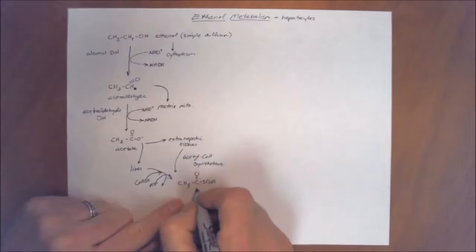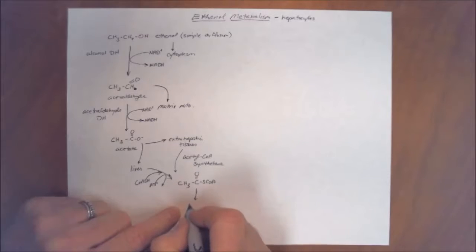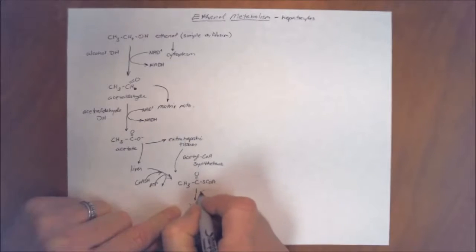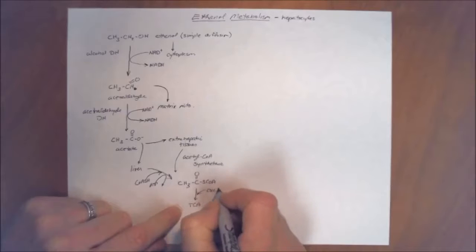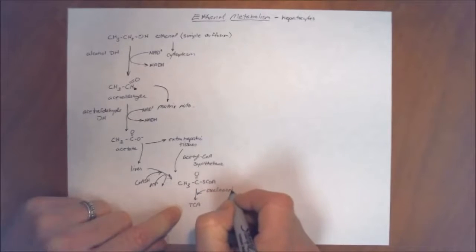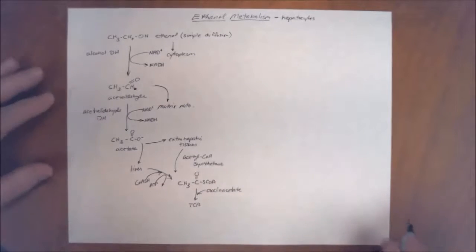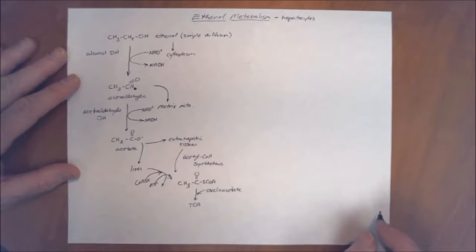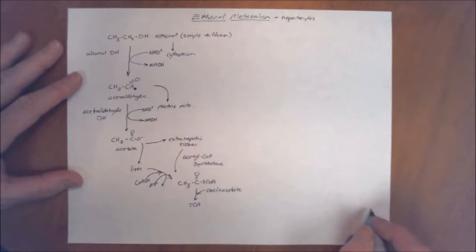The acetyl-CoA, of course, can proceed into the TCA cycle via condensation with oxaloacetate. That's pretty much it for ethanol metabolism.